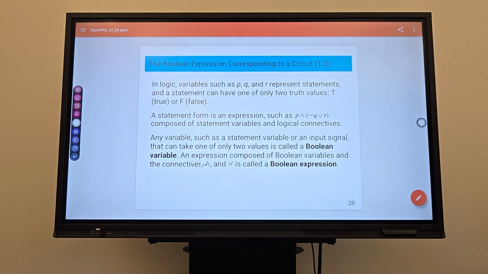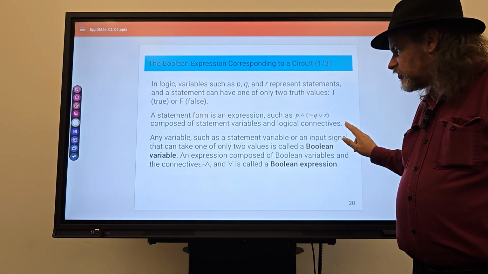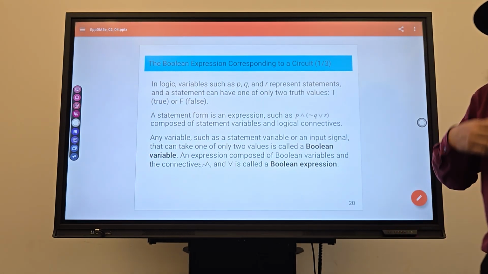Any variable that can take only one of 2 values is called a Boolean variable, or bool in C++ if you're programming. An expression composed of Boolean variables and connectives is called a Boolean expression. That's what an if statement or a while statement takes, a Boolean expression. It evaluates in the end to either true or false.